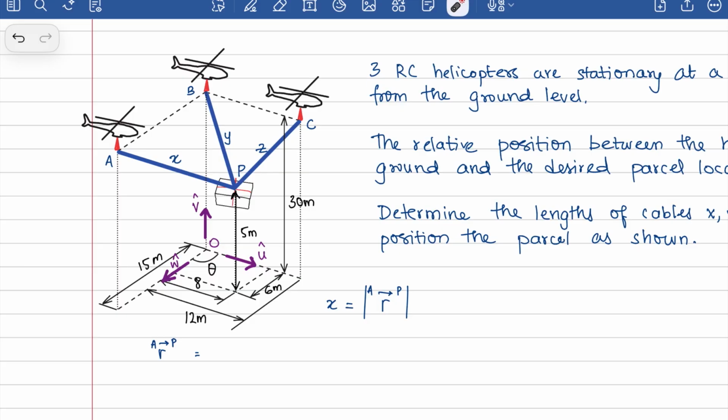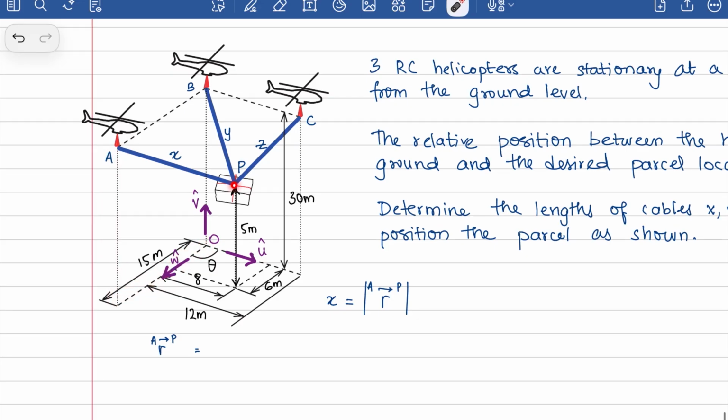Because that is known as 15 along W and 30 along V hats. Can we write one for O to P? Yes, it is 8 along U hat, 6 along W hat, and 5 along V hat. Okay, so you have vectors for this and for this.